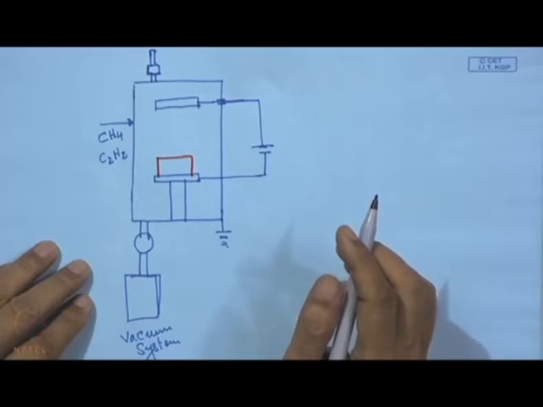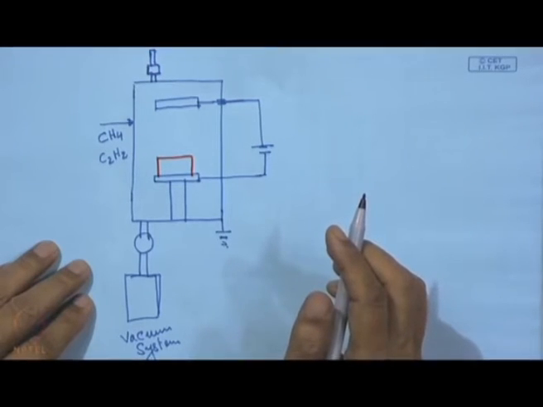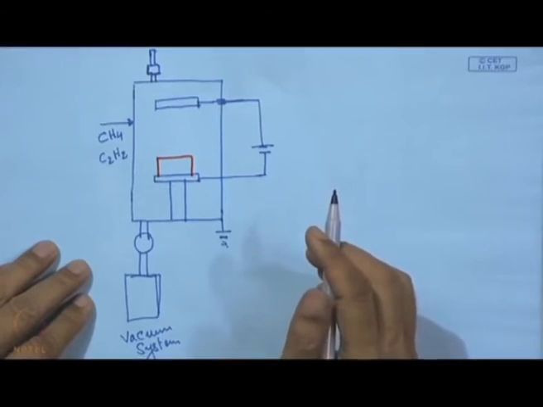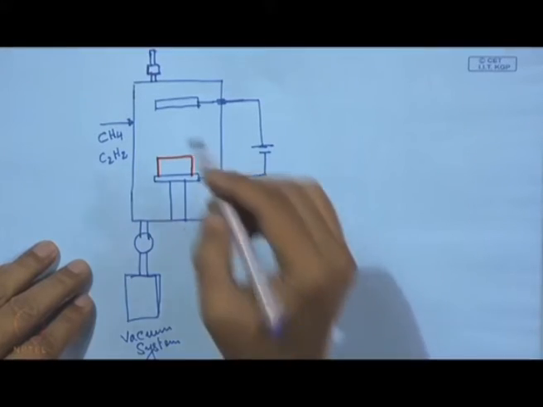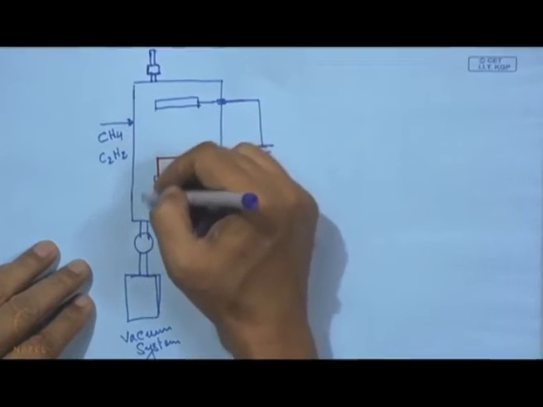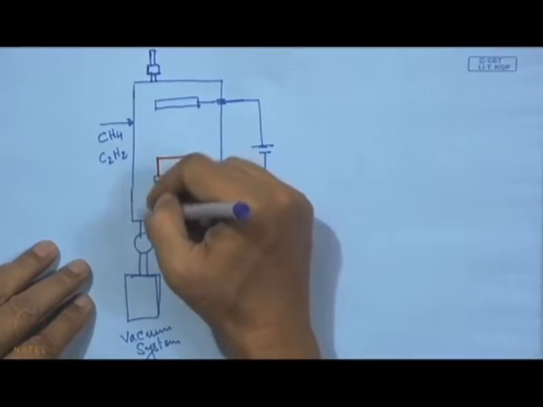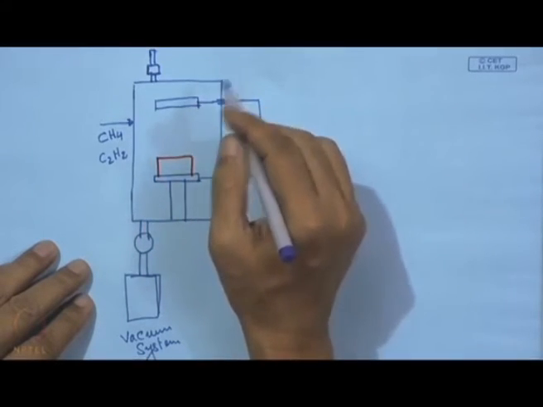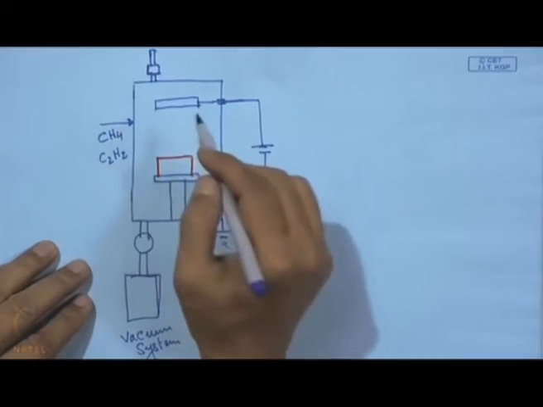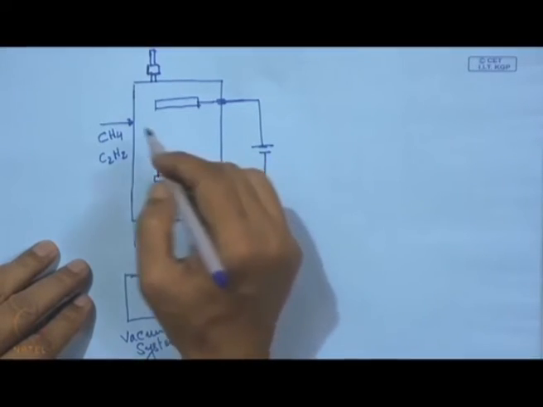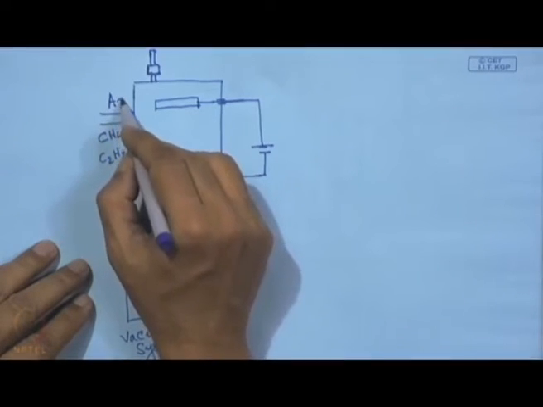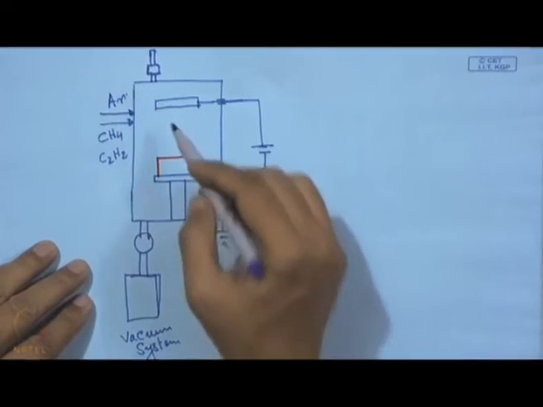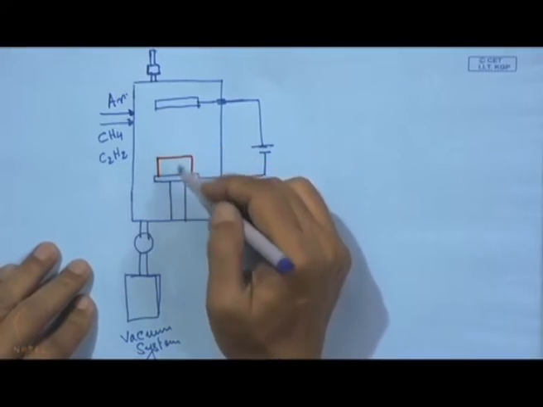Now, what we are going to have in this case is ionization of this methane. First of all we have to evacuate the whole system. Then if we like to clean the sample, and that is the greatest advantage, we can also have a discharge of argon.